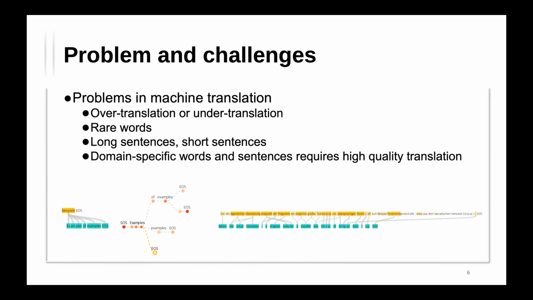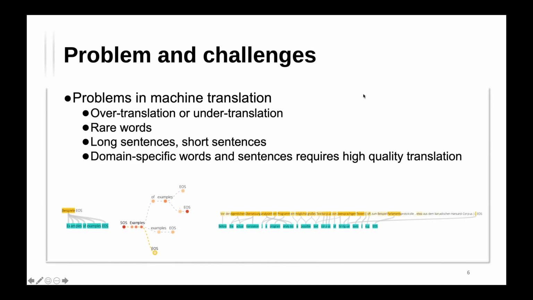Again, this is a problem of domain adaptation. If you train your neural network on some general text, and then you want to translate domain-specific documents, for example in medicine or law, then those domain-specific words are easily translated wrong.